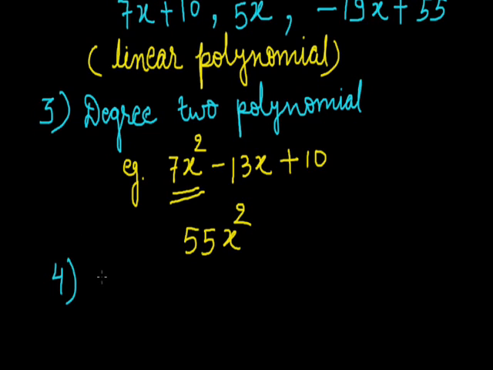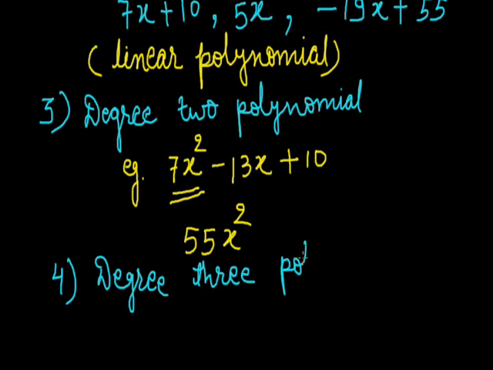Next category is degree 3 polynomial. Similarly, it will contain the term of x to the power 3, and the power 2, linear or constant term may or may not exist.